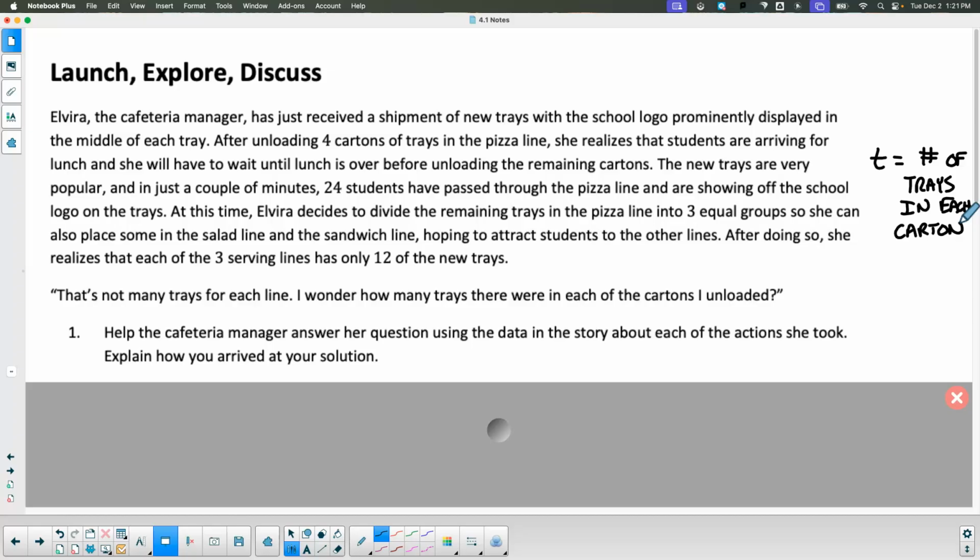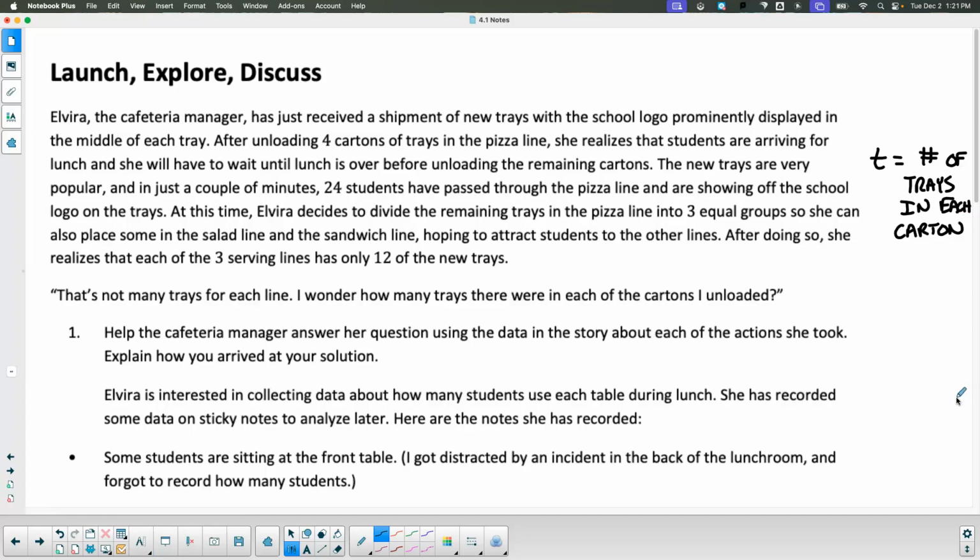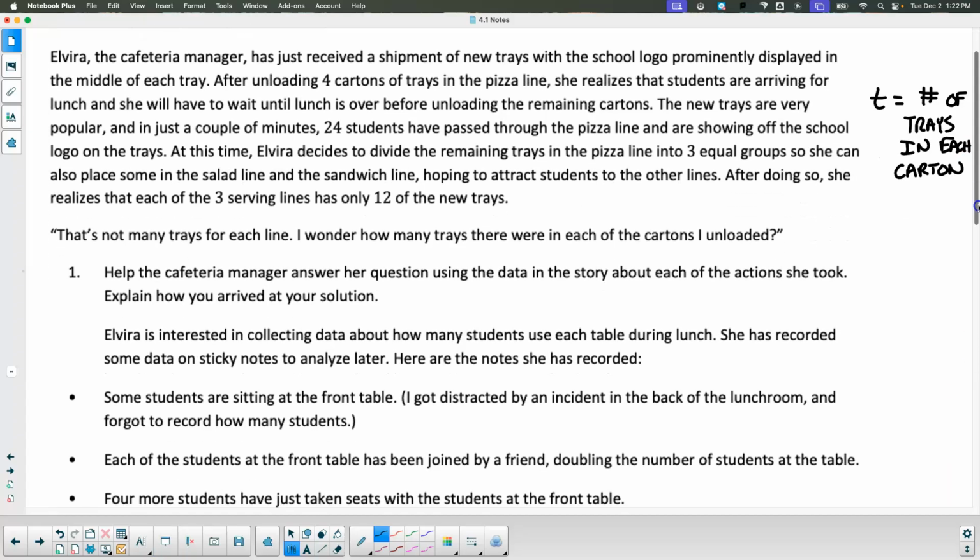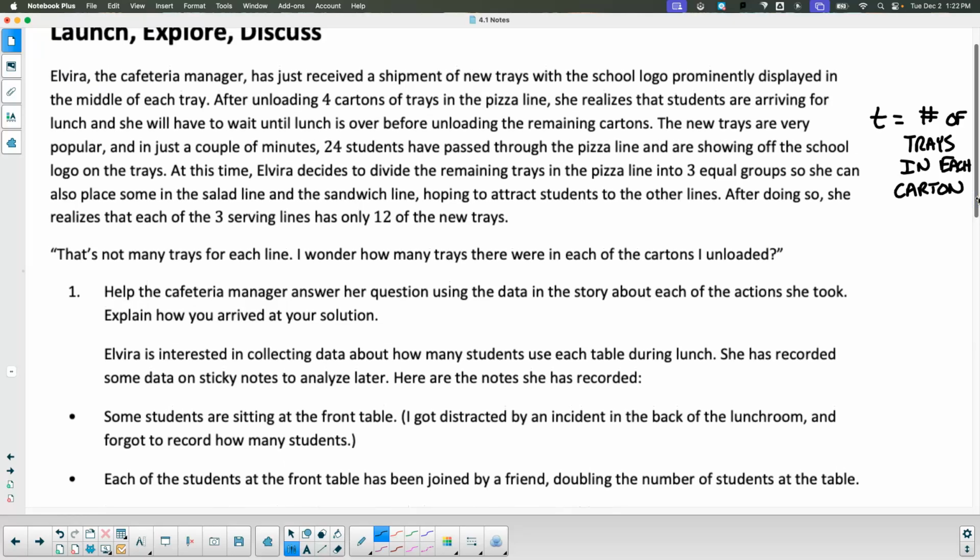Okay? So, in the end, we know how many trays were left in each line, correct? Yeah. How many? 12. So that means it's going to equal 12 somewhere at the end. Let's go down here. Oh, I guess I can't get it in there. Let me make a white box. Yes, sure.